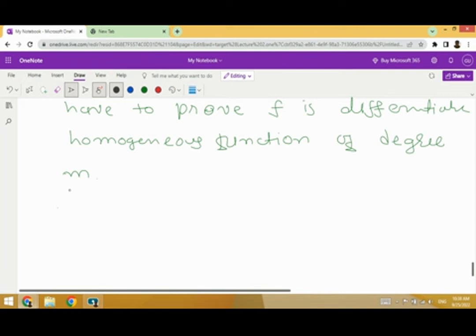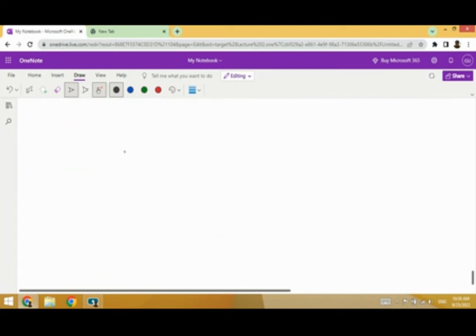So for that, let v is equal to f of tx1 tx2 up to txn for t greater than 0.